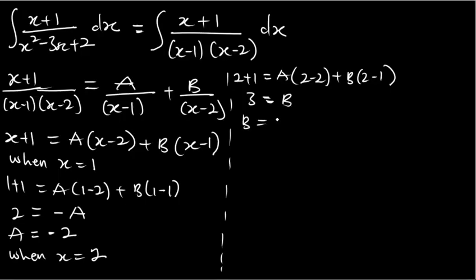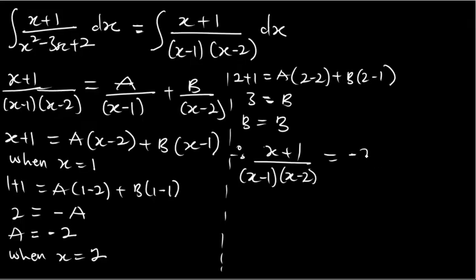Therefore, our b is equal to 3. So here we can now replace a and b with their values. Therefore, x plus 1 on x minus 1, x minus 2 is the same as negative 2 on x minus 1, then 3 on x minus 2.